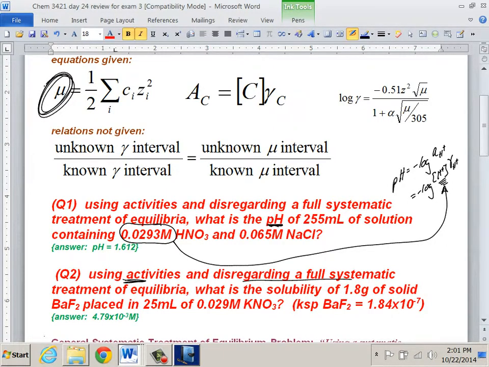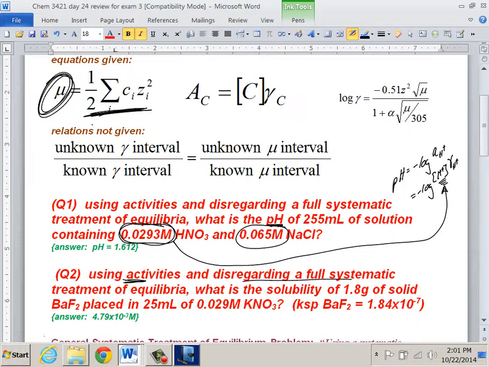Mu. Right? And Monica said just add them up. Why is it that simple? Why don't we have to use this big equation? She said just add this to that, and you've got the ionic strength.